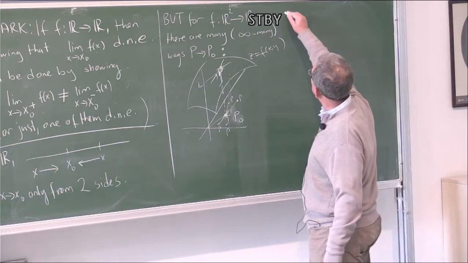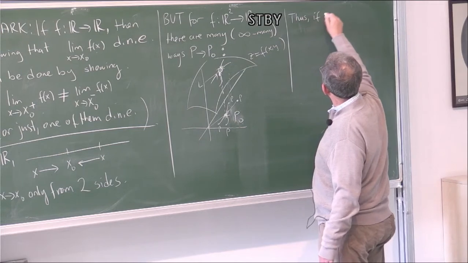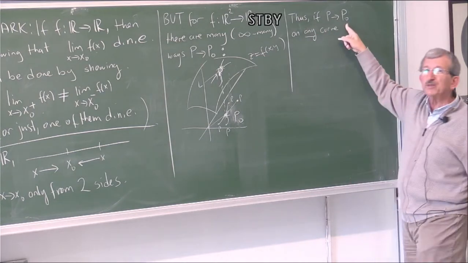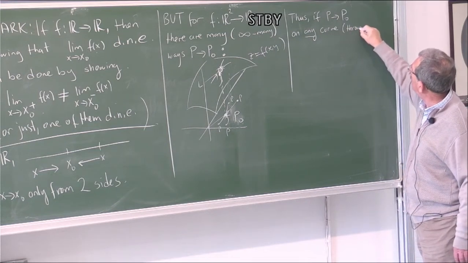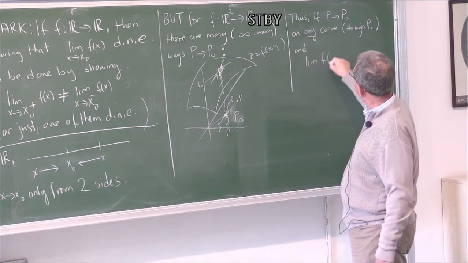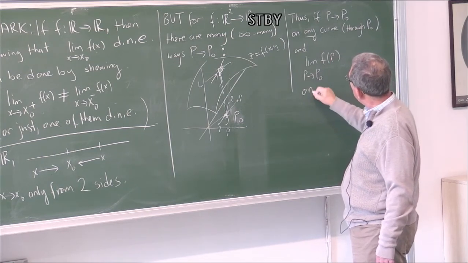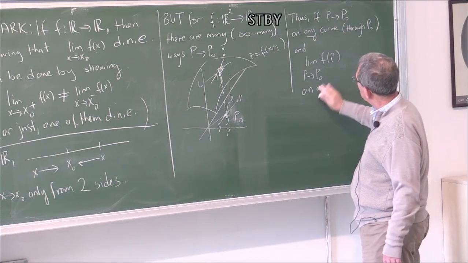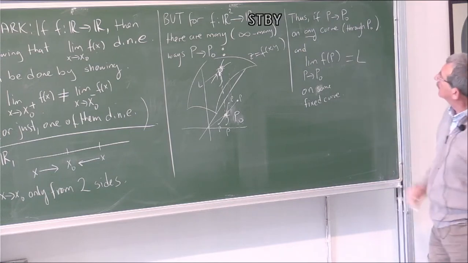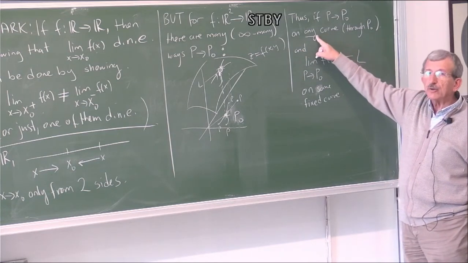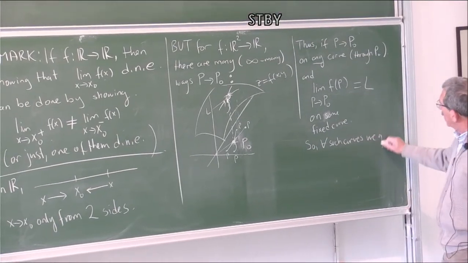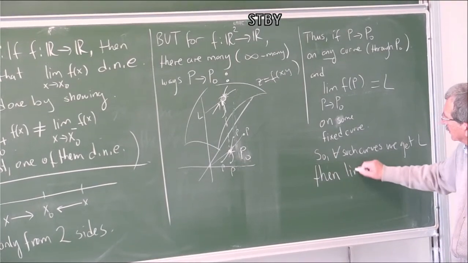So then, if P approaches P0 on any curve which passes through P0, the limit of f(P), as P goes to P0 on some fixed curve, is L, but these fixed curves are any curves, so for all such curves we get L, then the limit exists.